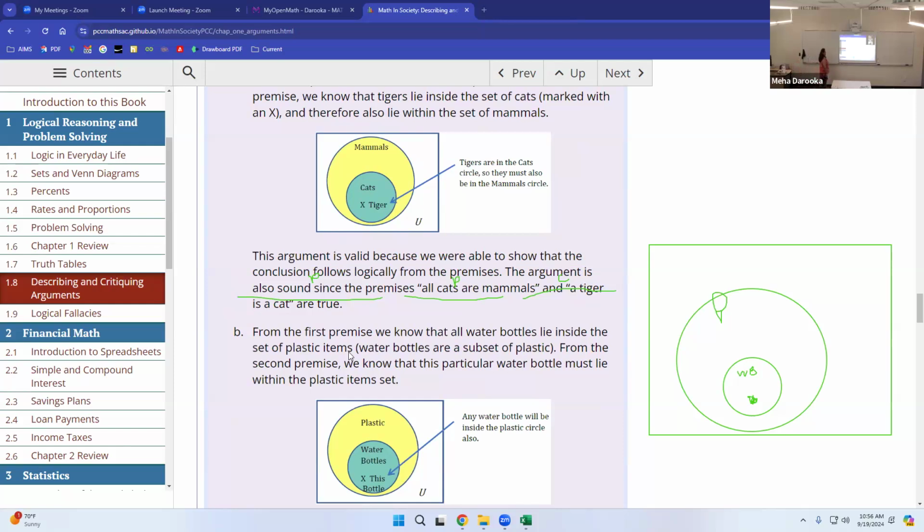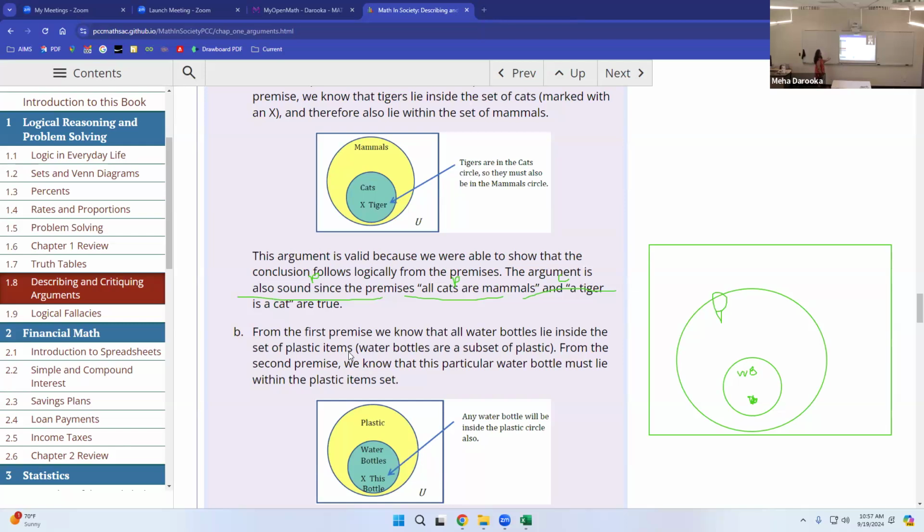Any other details? No. So you can see that, because they said all water bottles are plastic, we had to put the water bottle circle inside. You had asked me, do we do this on what's true, or on what the statement is saying, and you actually do it on the statement. So we do know technically that is incorrect, but the idea is if this is the premise, and this is the conclusion, is there a logical path that it follows? In this case, yes.